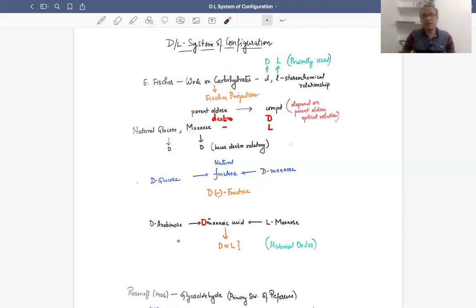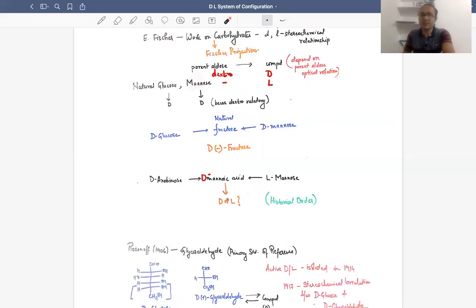So this was the basis of the D and L configuration. But as you know, there was a lot of confusion coming because we were choosing the parent aldose optical rotation in order to assign the D and L family or the D and L configuration.